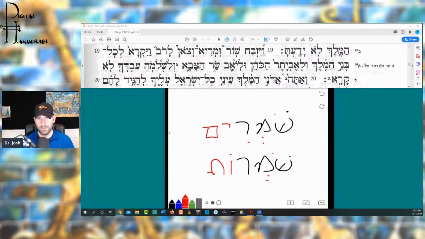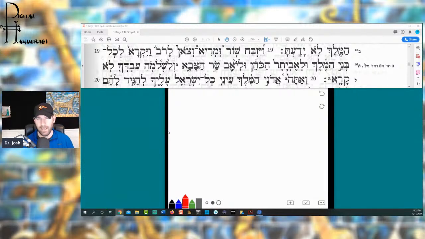Now the participle, as we learned last week very briefly, but let's go over it again, acts a lot like an adjective. And the way he describes it, he describes it the same way.